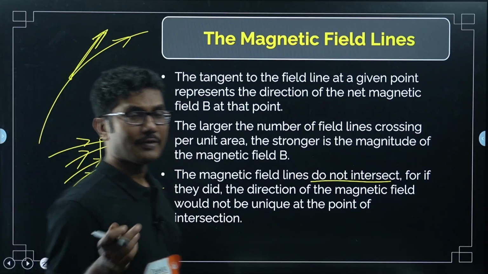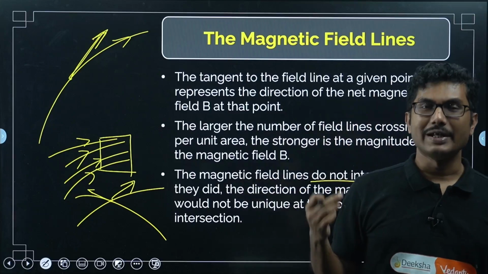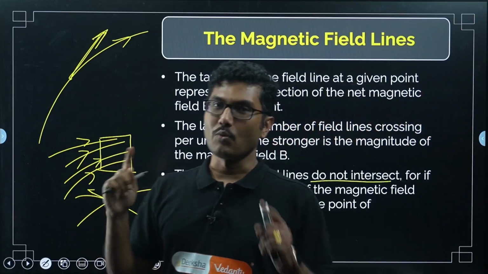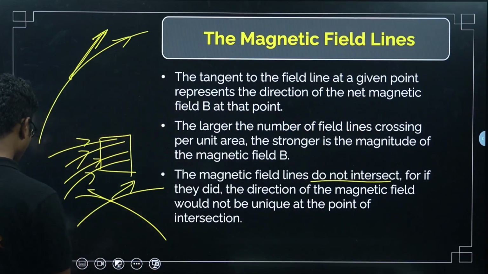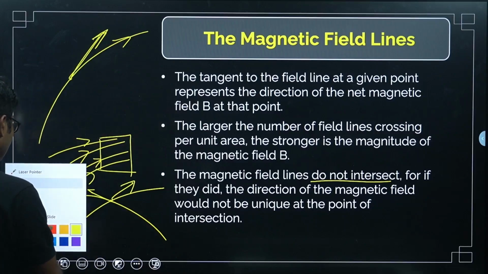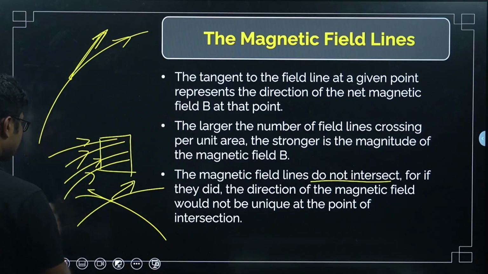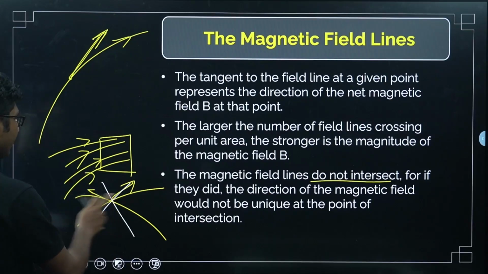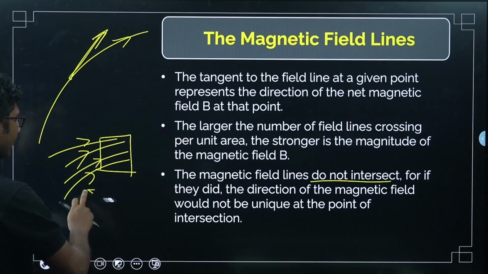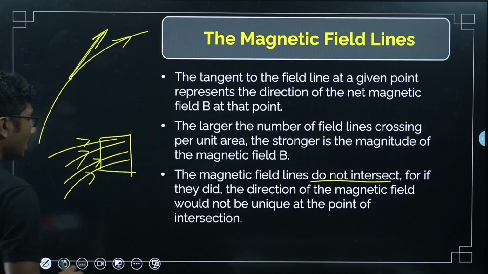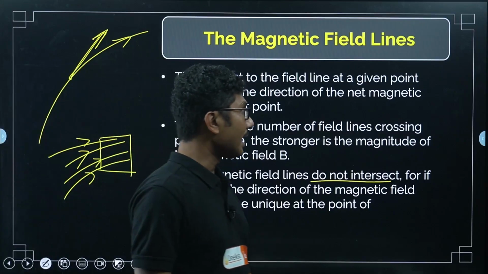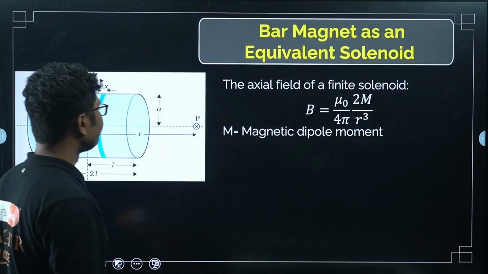But the magnetic field is a vector quantity and it has only one direction at a point, so it would not be a unique direction. So we can say simply that this is not possible, this is incorrect, so we will just remove it. They cannot intersect at one point because it would lose the uniqueness of the direction of the magnetic field. Now let's move on.